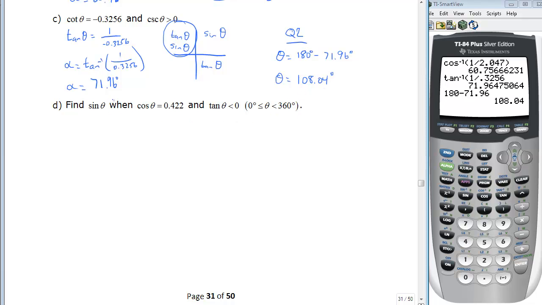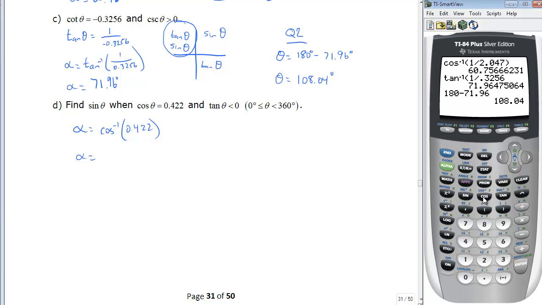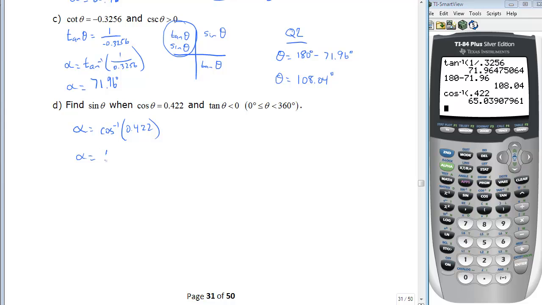Our final example then, we're not actually asked to find theta now, we're asked to find the sine of theta, but we're going to do the same procedure. First, we're going to find the reference angle. So that's going to be the cosine inverse of 0.422, which tells us the reference angle is 65.0 rounded to 3 significant digits, 65.0 degrees.